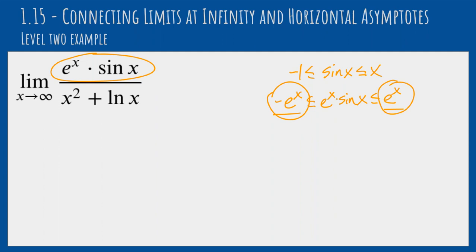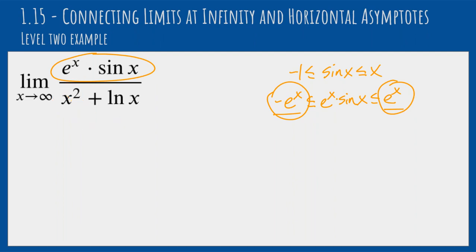So what we need to keep in mind here is it's not approaching some particular number, so that limit also doesn't exist, but also the swings are going to be getting bigger and bigger and bigger as x gets bigger. Now the denominator again is dominated by x squared, which is also approaching infinity.